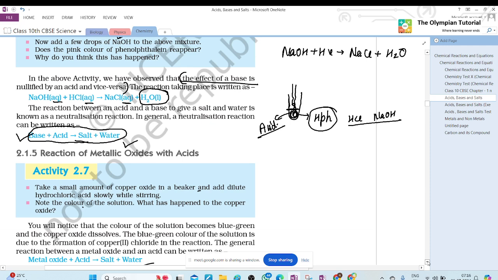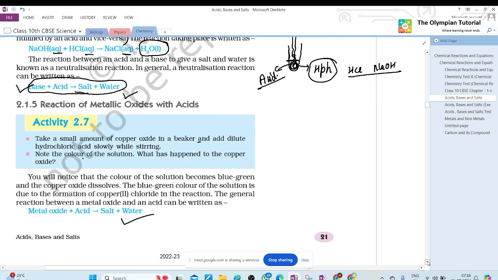Aitha, you also write after leaving one page. I will give you notes. Okay, ma'am.